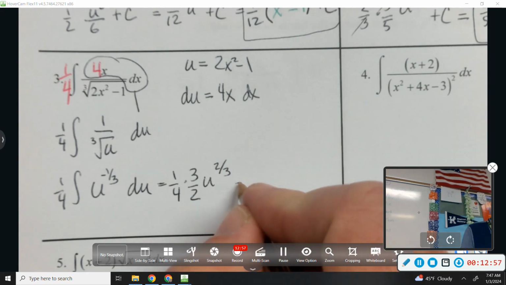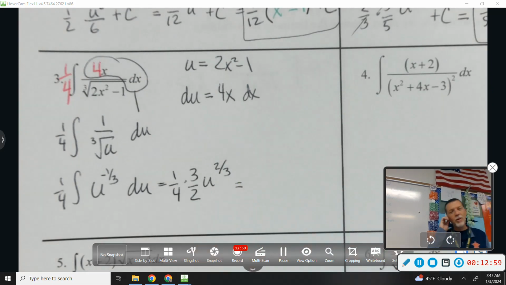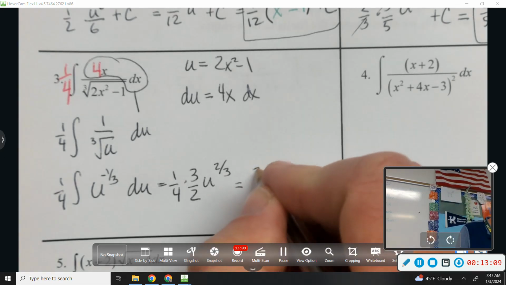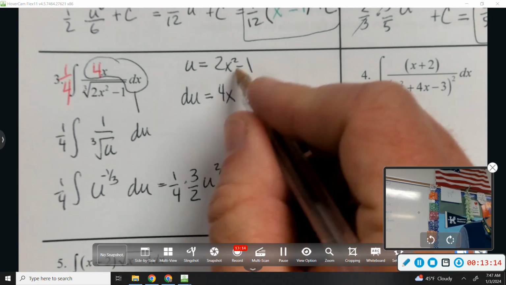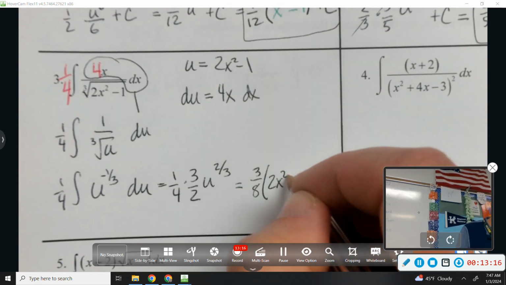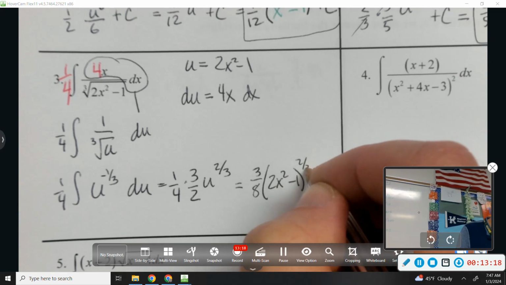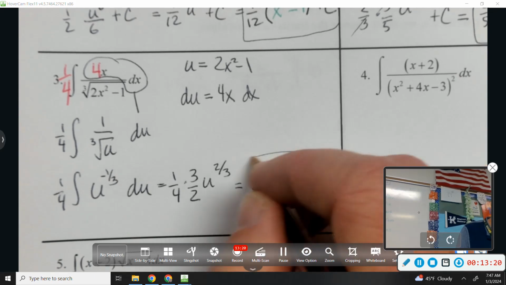And I'm a little short on space, so I'm going to risk it and not write plus c and save the plus c for the very end. That's fine to do as long as you remember to put the plus c on at the very end. So let's see, that's 3/8 u to the 2/3, but u is 2x squared minus 1. And then don't forget the plus c.